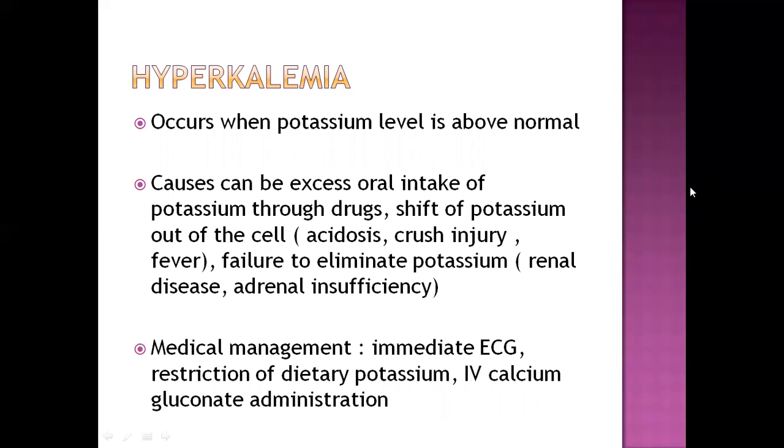Medically, hyperkalemia can be managed by performing an immediate ECG. ECG shows a mark of hyperkalemia. After that, there can be restriction of dietary potassium and IV calcium gluconate, as calcium gluconate is an antidote for hyperkalemia.